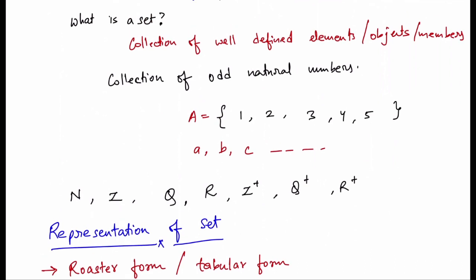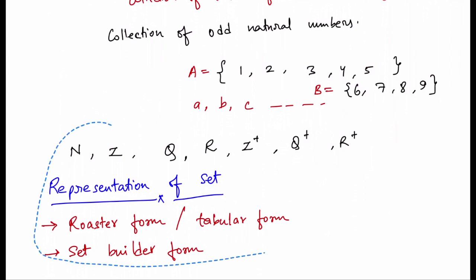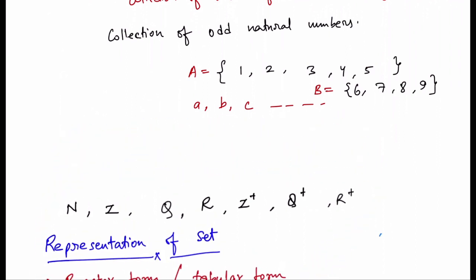Now, suppose this element 1 is an element of set A. Okay, so let's write another set B. Let's say this set B has some other elements: 6, 7, 8, 9, and set A has elements 1, 2, 3, 4, 5.